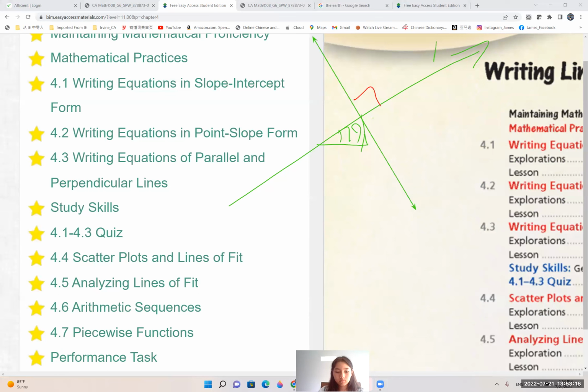If we call this line 1, we call this line 2. The conclusion is you just need an idea of it for this moment. The idea is m1 multiplied by m2 should equal -1. So we call them negative reciprocals. That's the reason why we always talk about slope, because it's a good parameter to judge if lines are parallel or perpendicular.